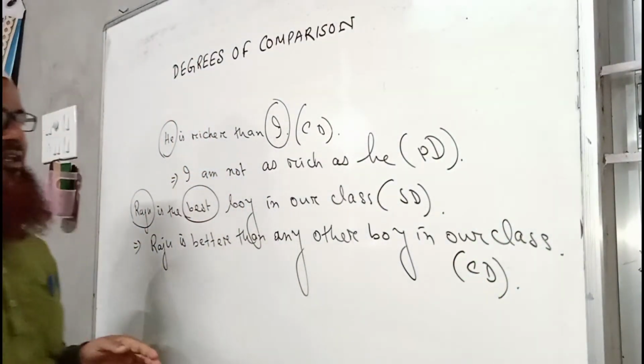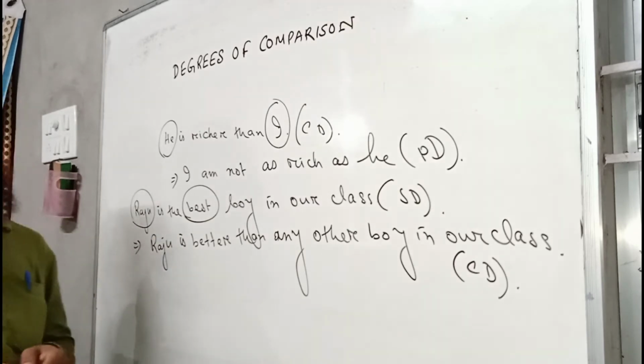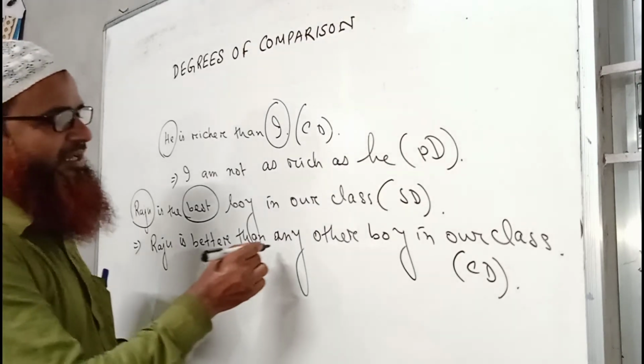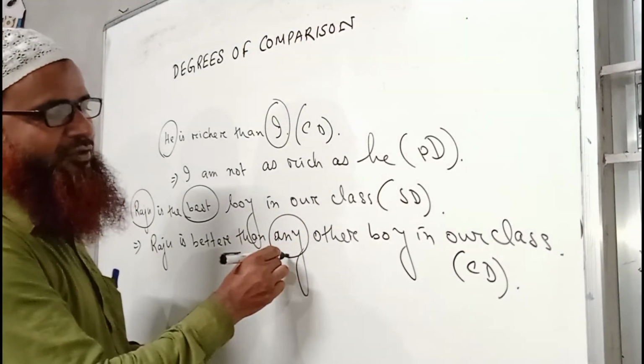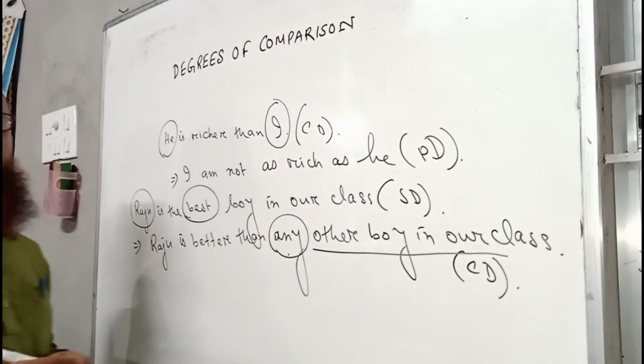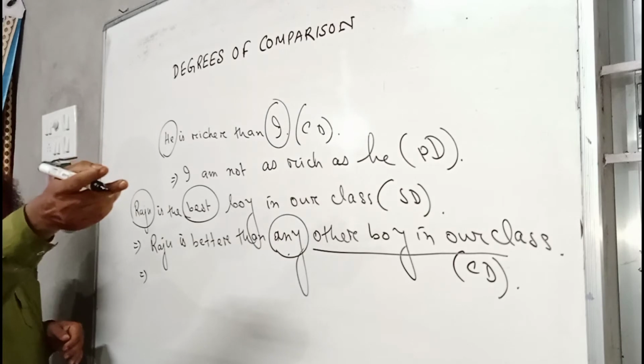Now if we change it into positive degree, then we have to start the sentence with no other. That means here in place of any we will write no, and other boy in our class will remain the same. The subject will go to the end of the sentence.